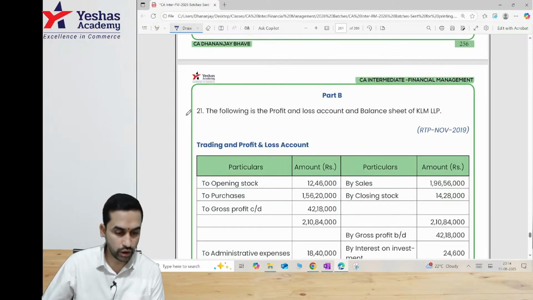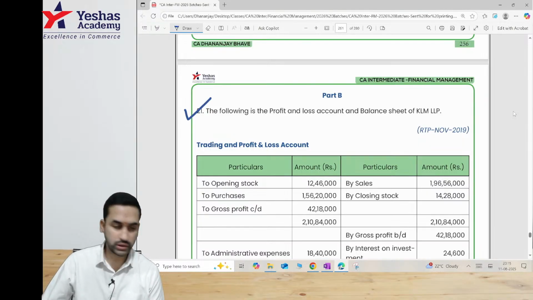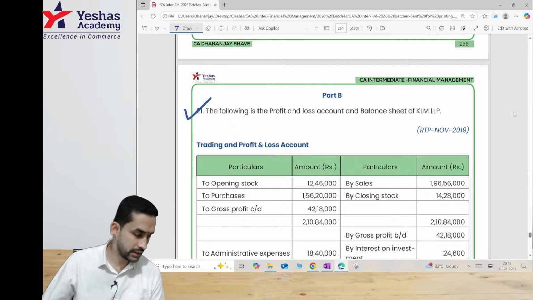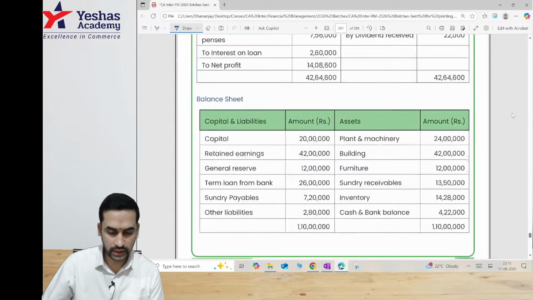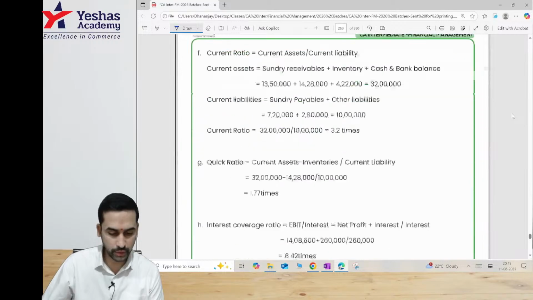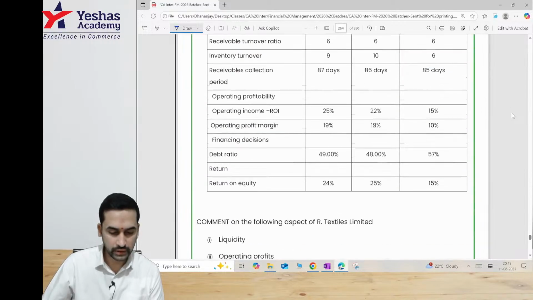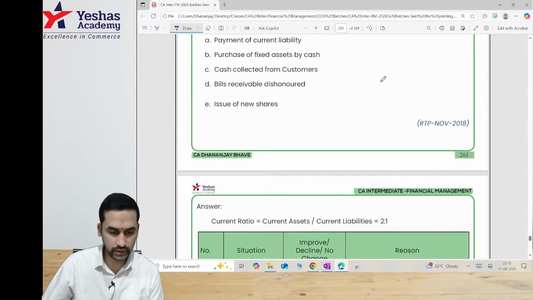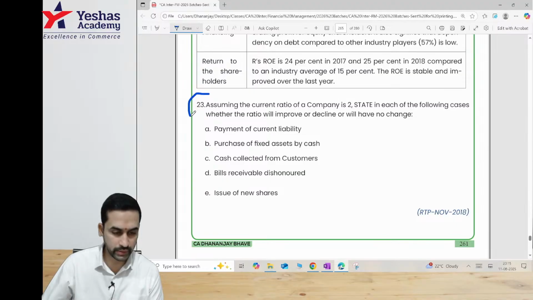Sir, how come all questions in part B today? Because we haven't done any part B question on this. Only one question you did in the class today, and one question we discussed in class yesterday. Correct? If I remember properly, this was the question we discussed in class, question 23.